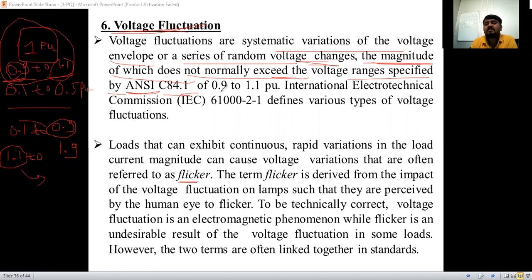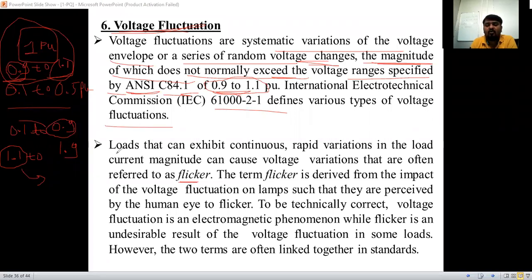That is, it should not exceed the specified range of 0.9 to 1.1 per unit. The International Electrotechnical Commission, IEC 61000-4-15, defines various types of voltage fluctuations.